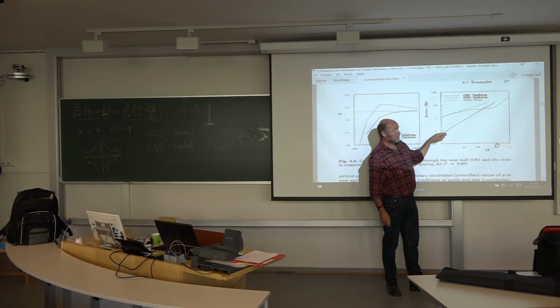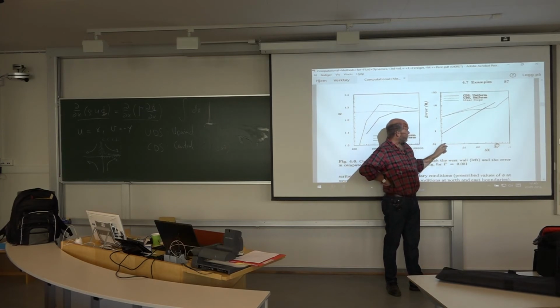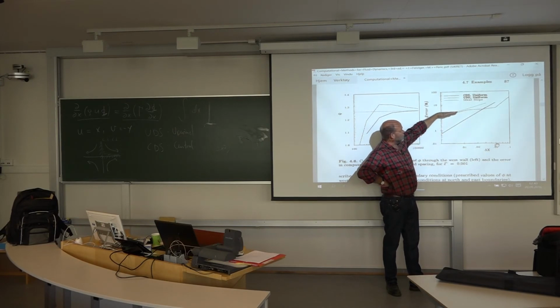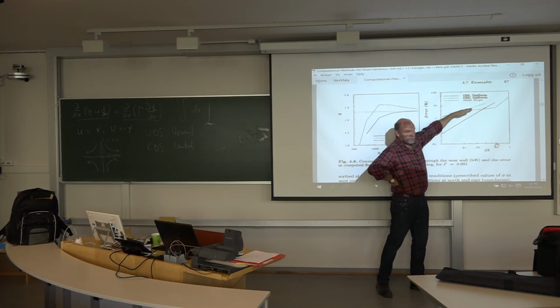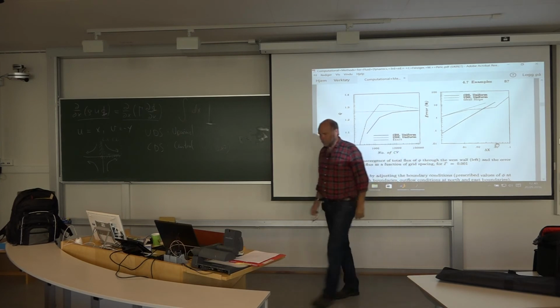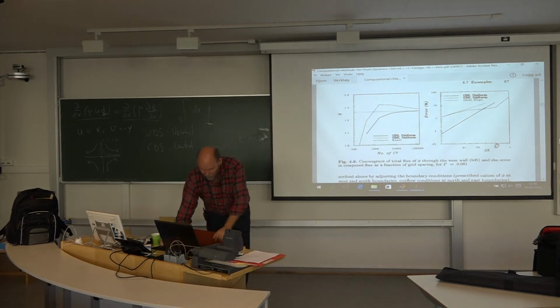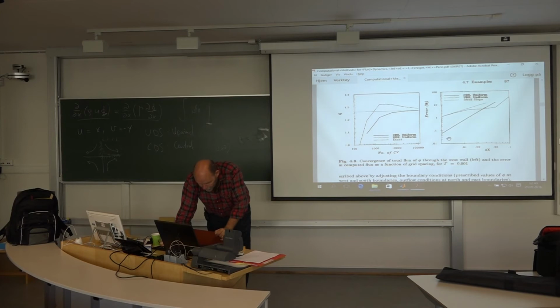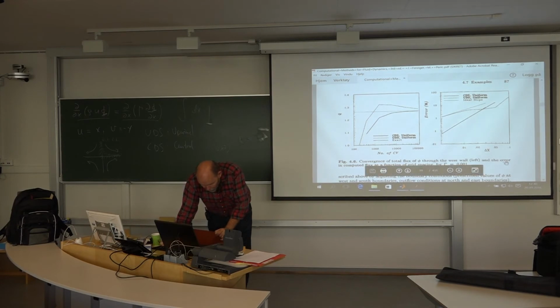So yes, this is a second order scheme. Smaller and smaller delta x, more and more accurate quite fast. The upwind scheme is all the way up here, first order slope, not good at all. And okay, smaller and smaller delta x will still get it smaller and smaller, but the second order scheme is much better.